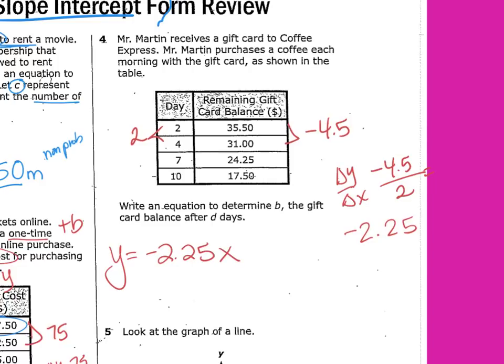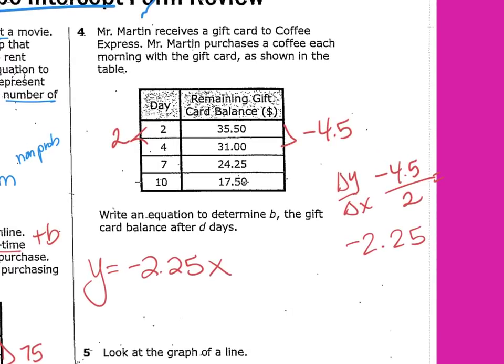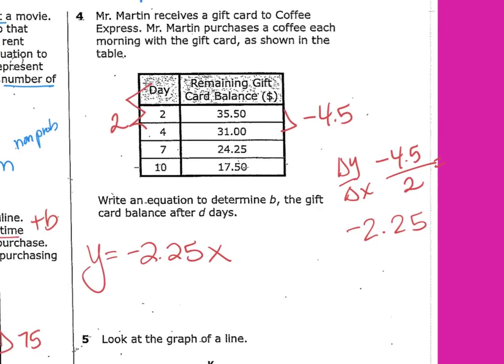And I want to see if there is a y-intercept. And since it's going by 2's, I'm just going to go backwards instead of plugging in and doing all that business. Because 2 minus 2 is going to be 0. And so whatever I get over here is going to be my y-intercept.